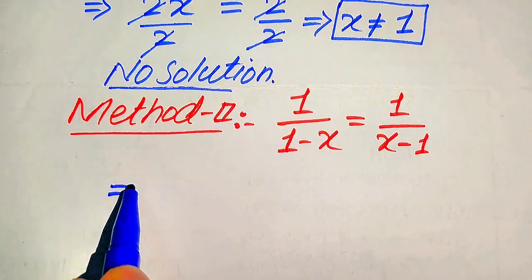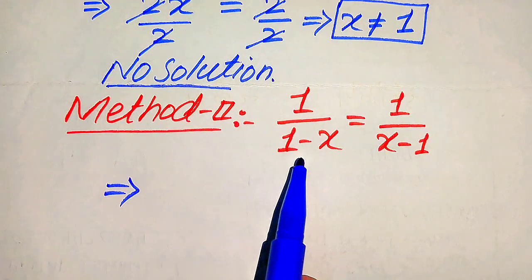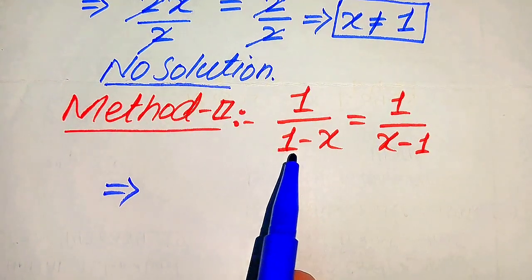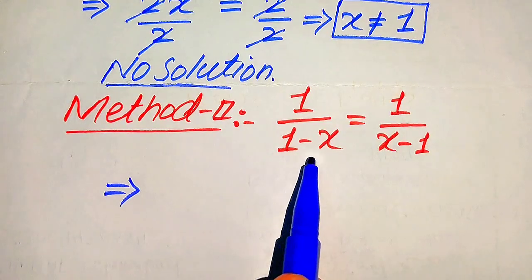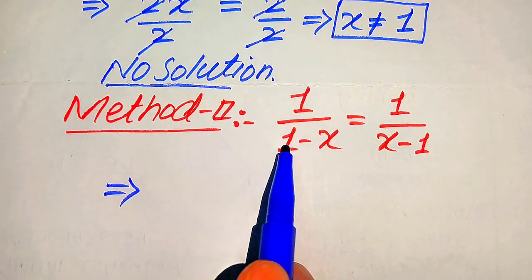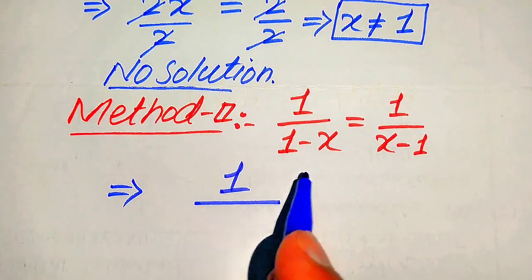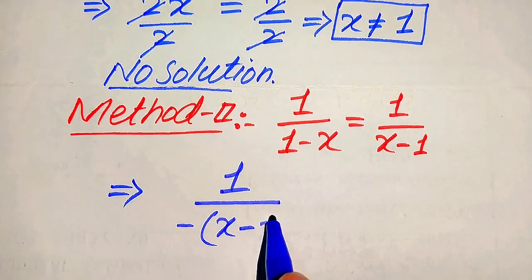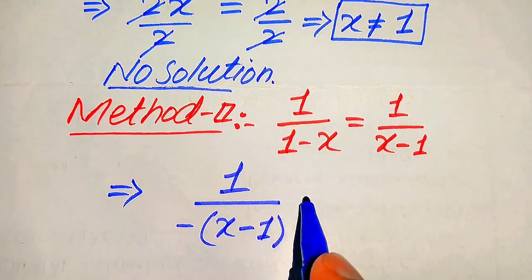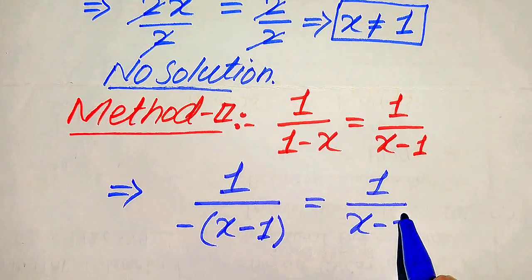So the very first thing we do is take the negative sign common from the first denominator, and it is written as 1 divided by negative x minus 1, which is equal to 1 over x minus 1.